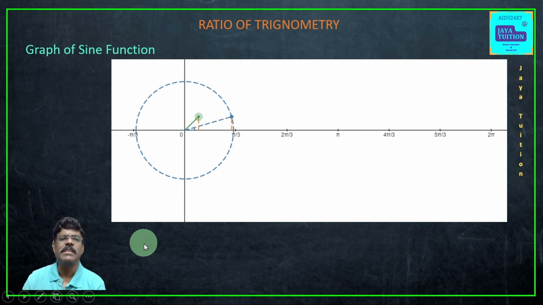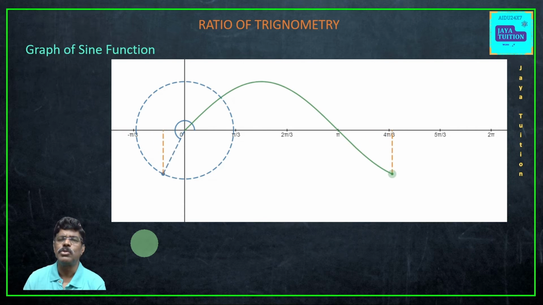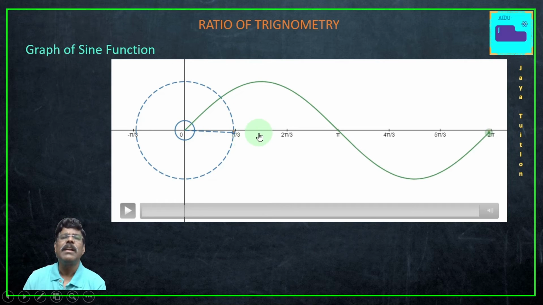As the particle goes through one complete circle, 0 to 2 pi, the sine wave starts from the origin, and at pi, the value of sine becomes equal to 0. At 2 pi, again the sine value is 0. At pi by 2, the sine value is maximum. At the angle 3 pi by 2, that is 270 degrees, it is negative maximum.